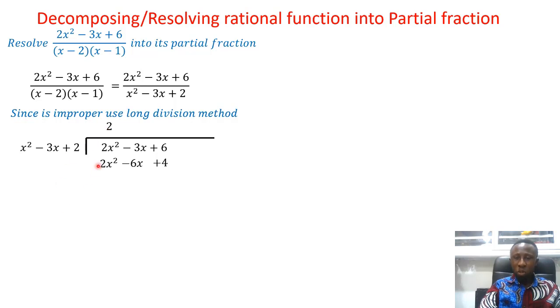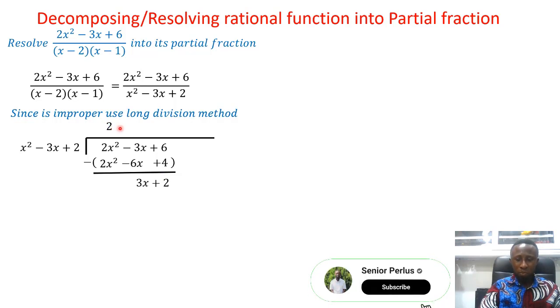Okay, so you subtract as we always do. You know how to do the long division, easy as that. If you subtract, this will be 0. Negative 3s minus 6s is 3s. Then 6 minus 4 is 2. So therefore, our remainder here is 3s plus 2, and our quotient is 2.